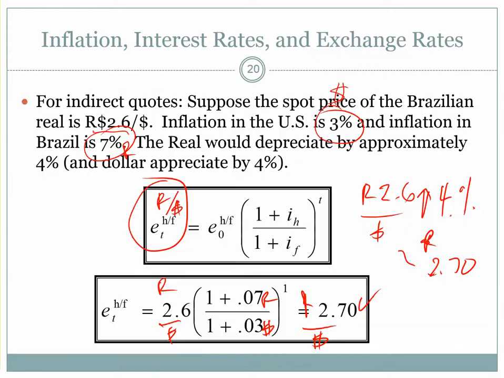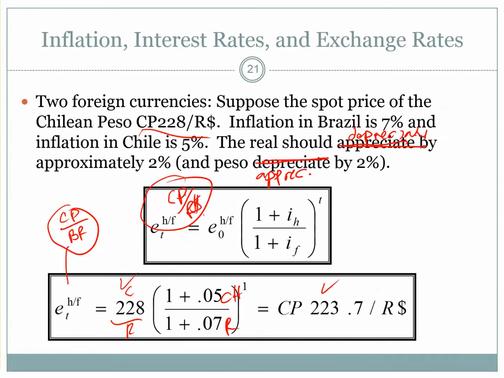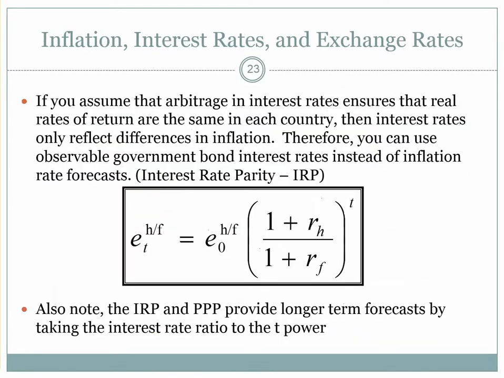So instead of doing, say, Brazilian real inflation and US inflation, I can talk about the interest rate on real bonds and interest rates on US bonds. So this allows me to use interest rates and not inflation rates, which are readily observable versus trying to get inflation estimates.